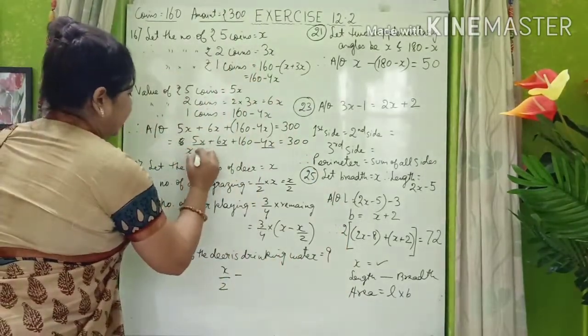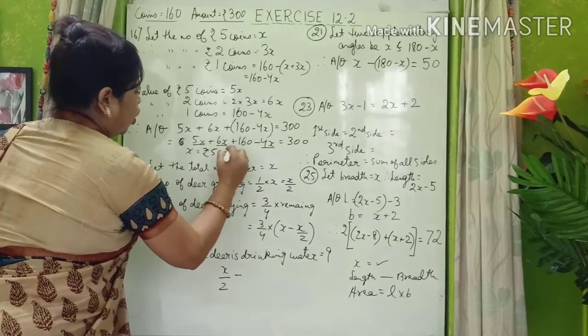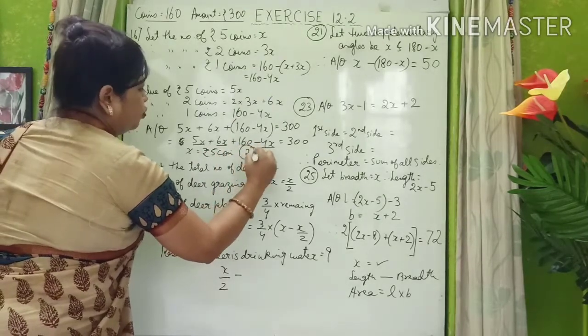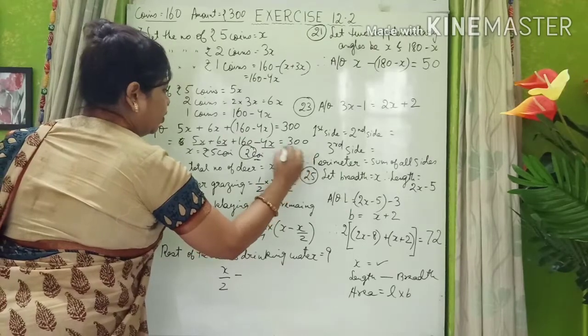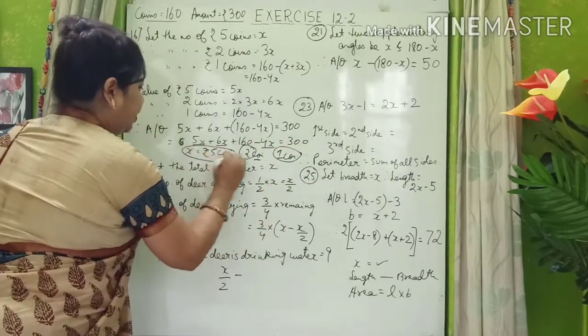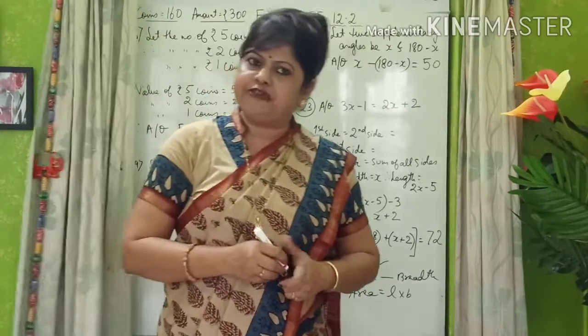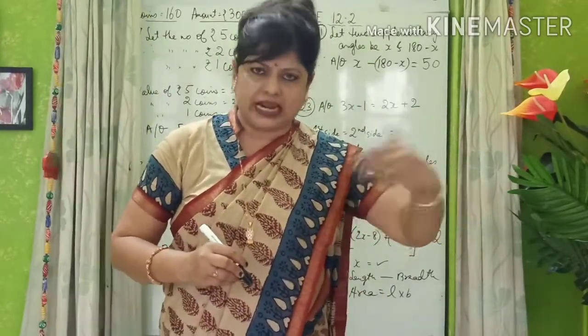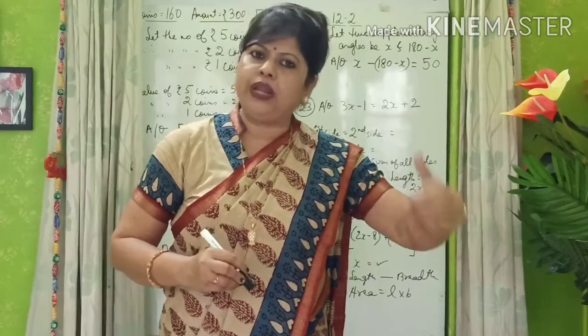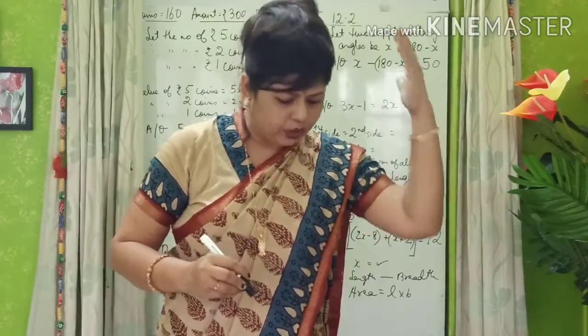Whatever you get for x, that will be your rupees 5 coins. You also have to find rupees 2 coins and rupees 1 coins. So in total there will be 3 answers. After finding x, you find how many rupees 5 coins, that is x, and then how many rupees 2 and rupees 1 coins.